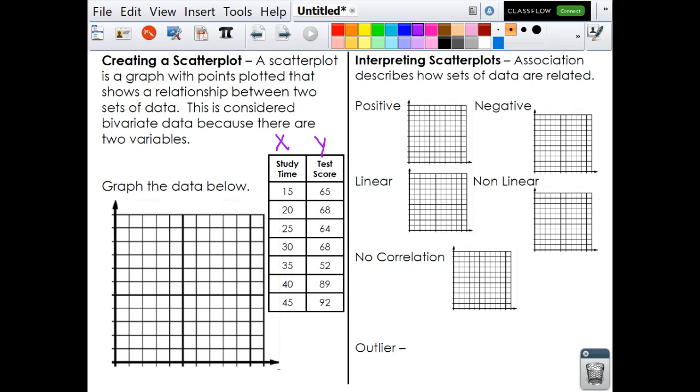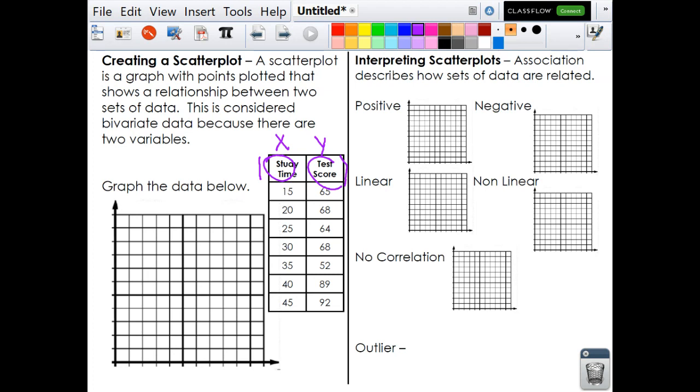Just like when we did linear relationships, the first set is going to show x, and the second set is going to show y. Okay? This is considered bivariate data because there's two variables. So I could change the study time and I can change the test score. So both of them can be variables.